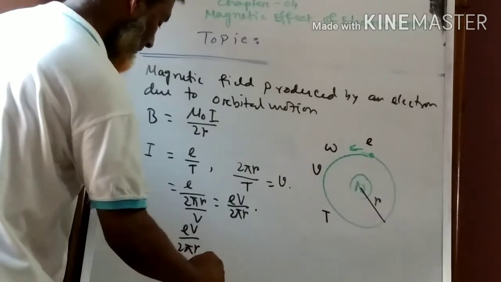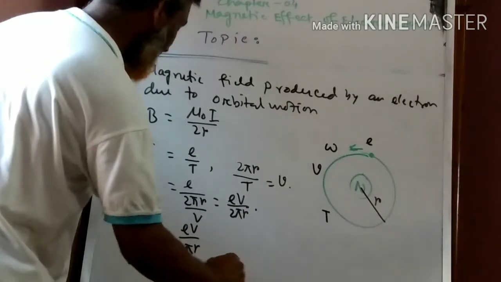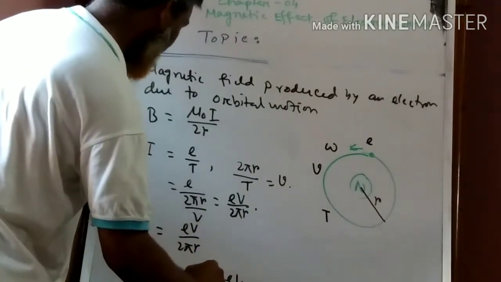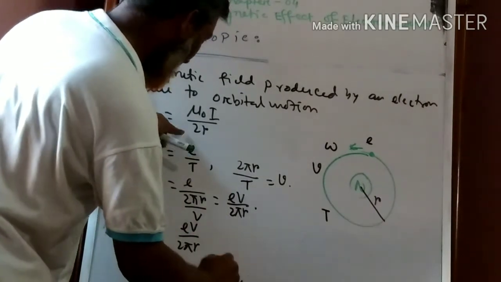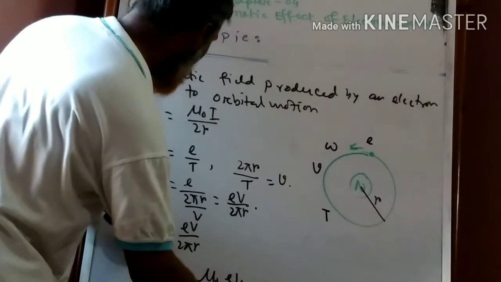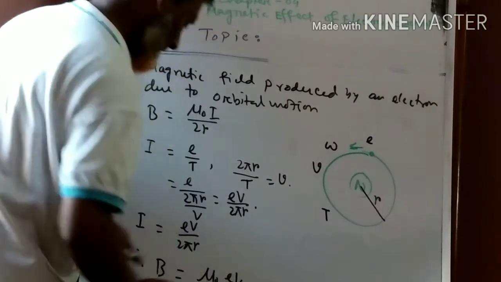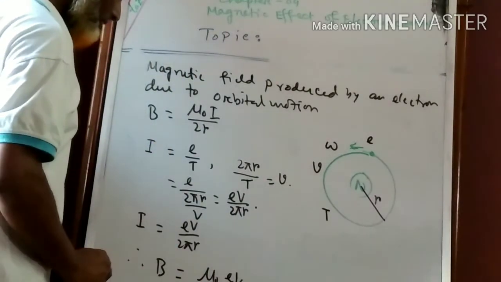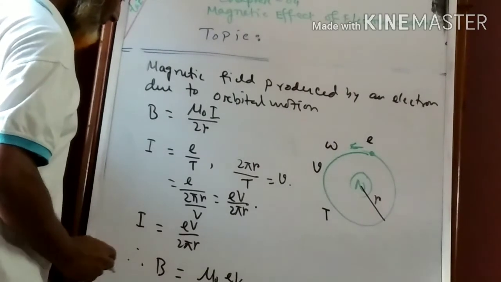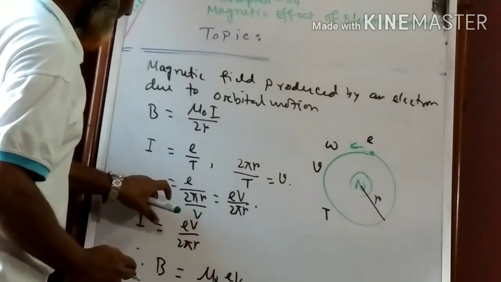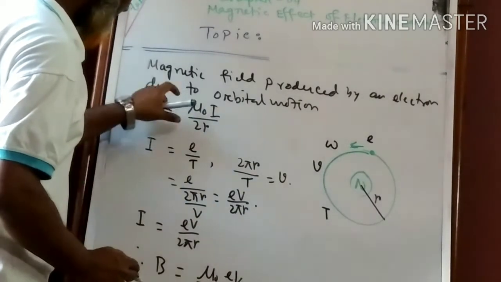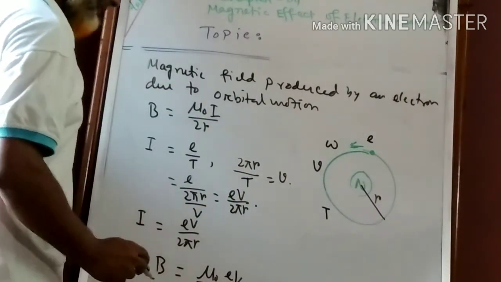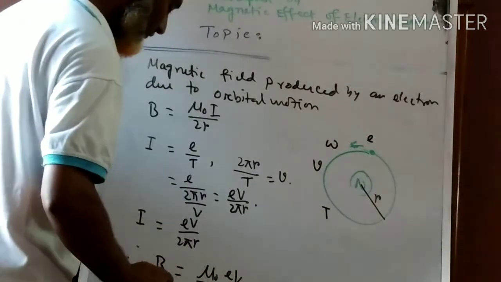Therefore, how much magnetic field is produced? B equals mu naught I by 2r, where I is e v by 2 pi r. So I is e v by 2 pi r and mu naught by 2r. So how much do we get?